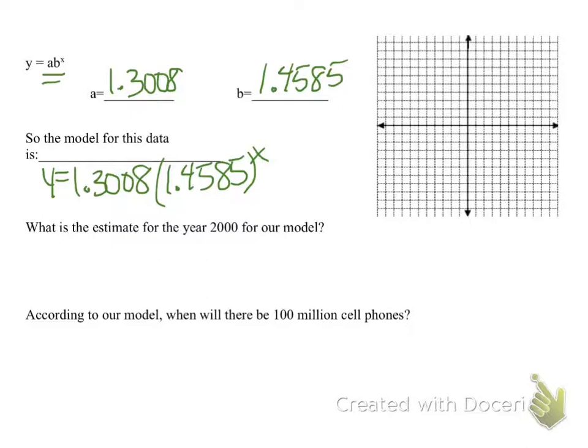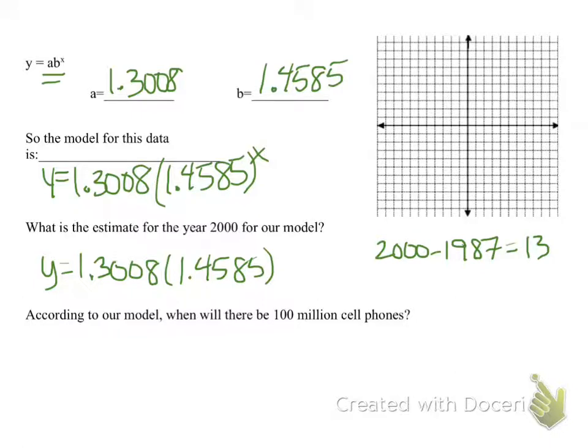Now, to use the graphing calculator to estimate what the cell phone subscribers are for the year 2000, obviously to do this by hand, you're just going to plug in 2000 minus 1987, which would be 13 years. So we're going to plug in 13 for our x.